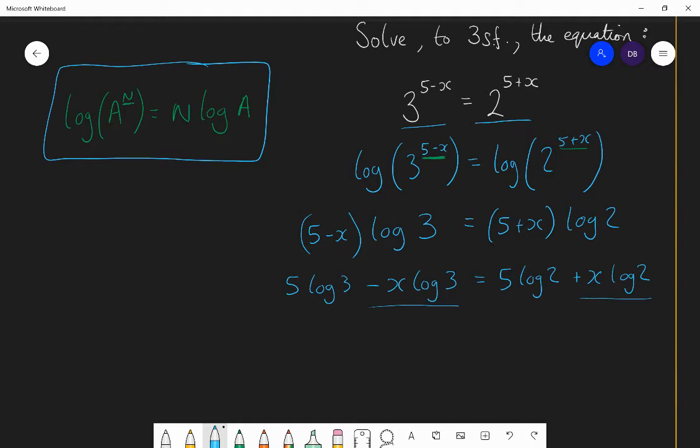I'm also going to subtract 5 log 2 from both sides, so that all the constant values, because 5 log 3 and 5 log 2 are just constant values, you could evaluate them on your calculator. So my next line will be 5 log 3 minus 5 log 2 is equal to x log 2 plus x log 3.